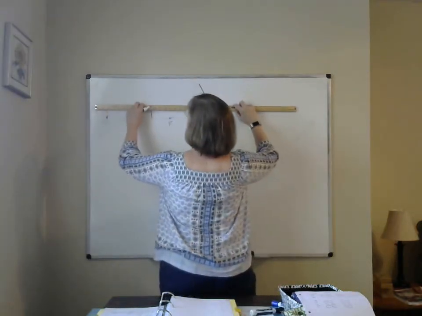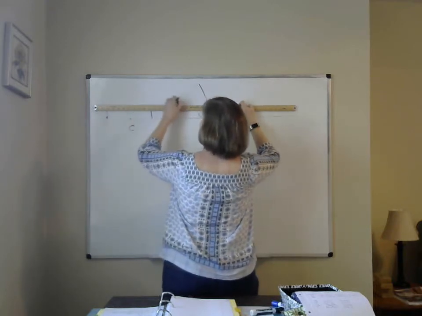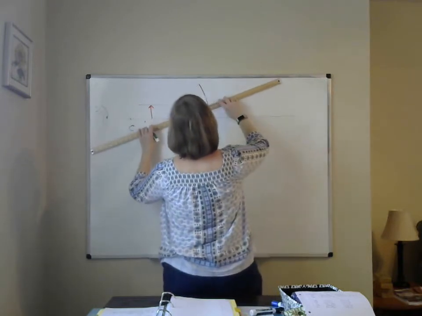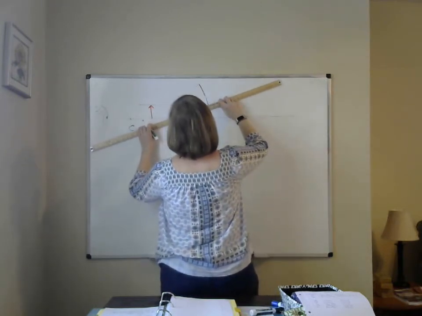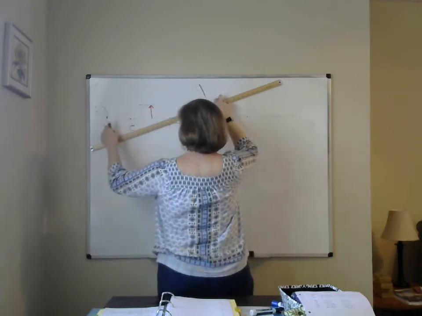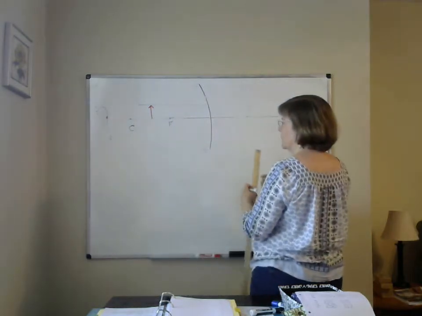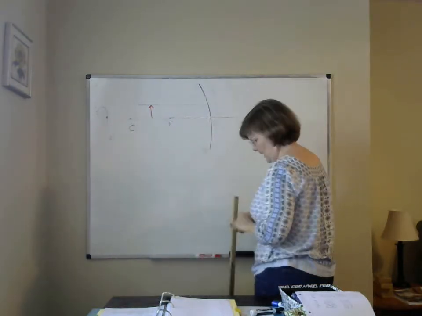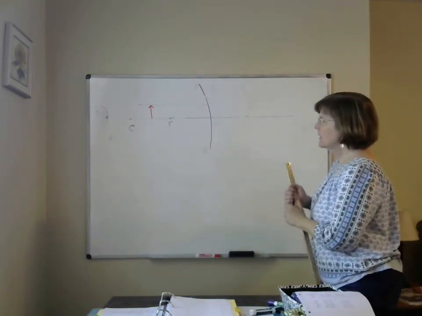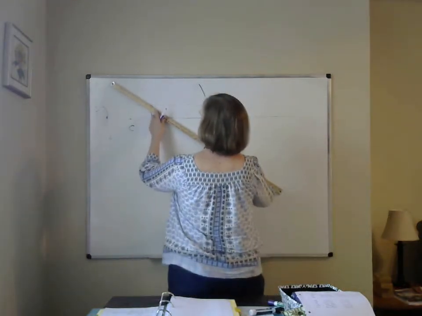First again, we start with what happens to a ray that comes in parallel. This ray that comes in parallel will always reflect right through the focal point. Let's hope I left enough room on the left side. And let's do another ray. This ray is coming from the object towards the focal point.